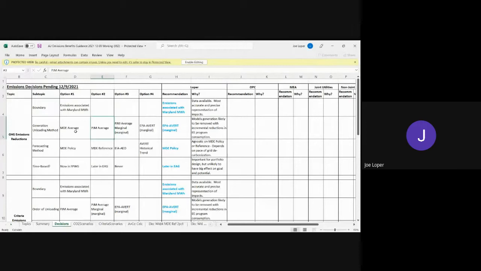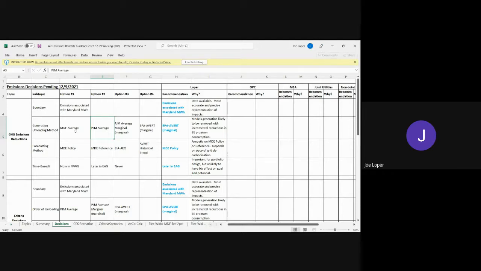So if you reduced your consumption by a small amount, what generation is no longer going to be running. That's different than the MDE numbers or the PJM numbers, which are the emissions intensity at various times. The EPA is saying what would you actually take out.